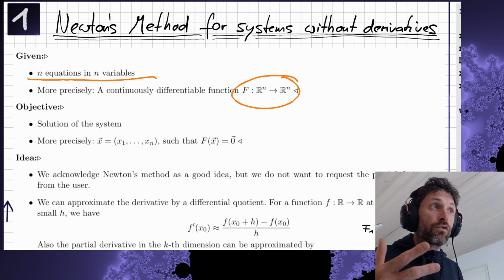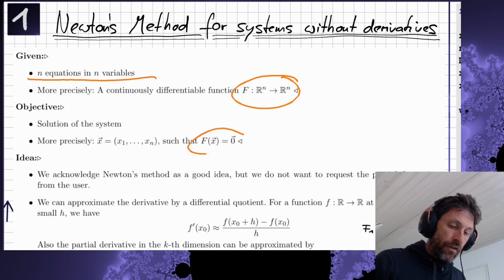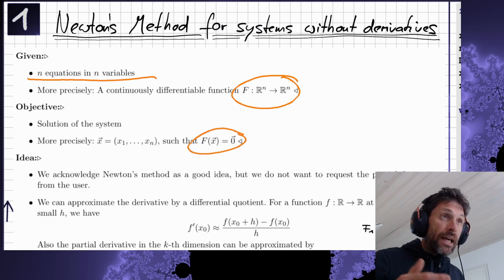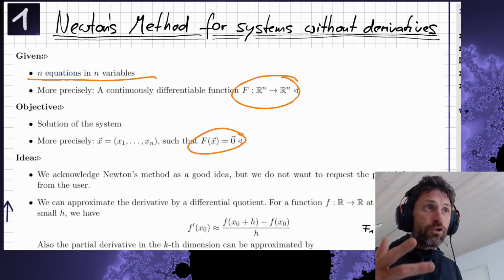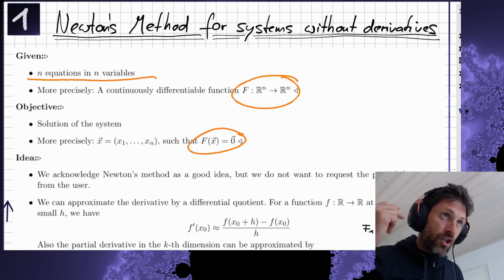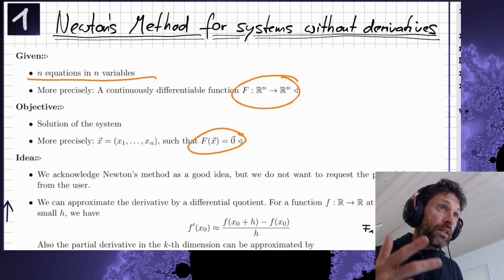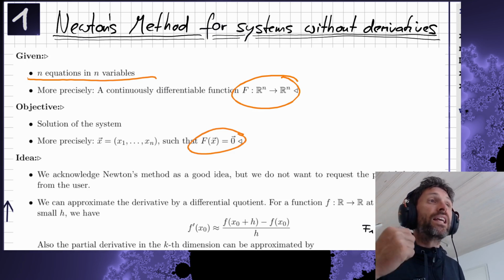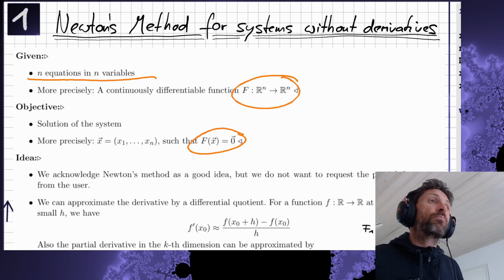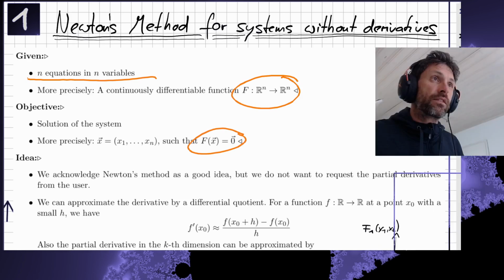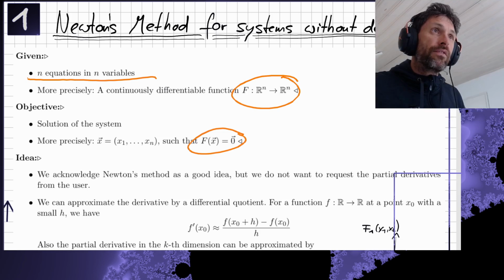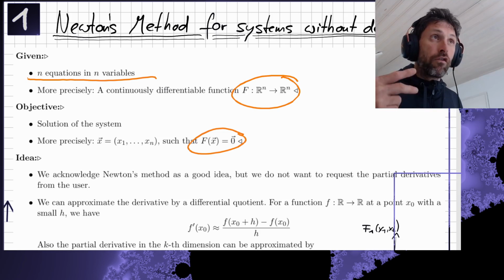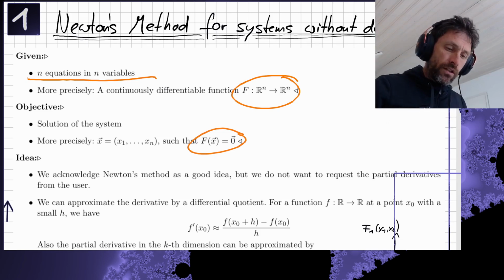and we are looking for the roots of the function. And if we say Newton works and it's a good method from a theoretical point of view, we can imitate or approximate the derivatives. That's the idea we follow in this video.